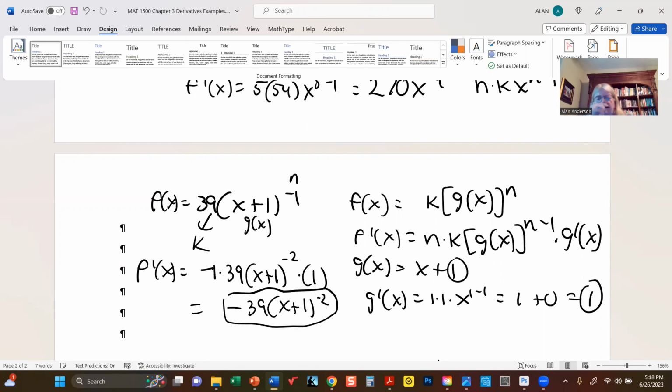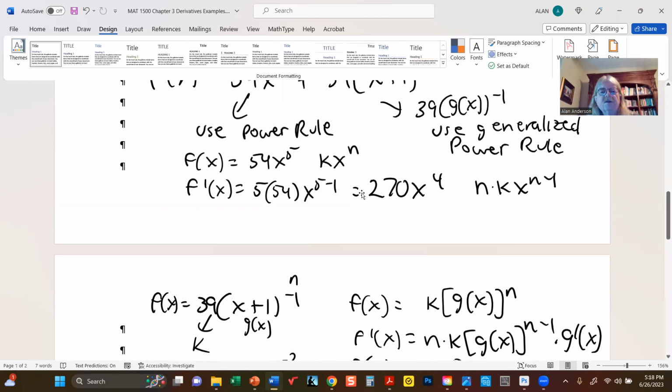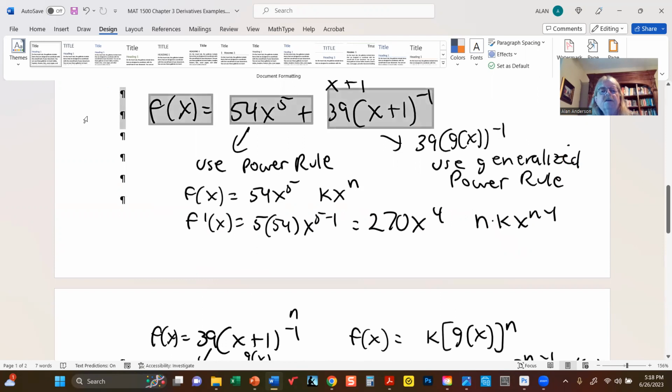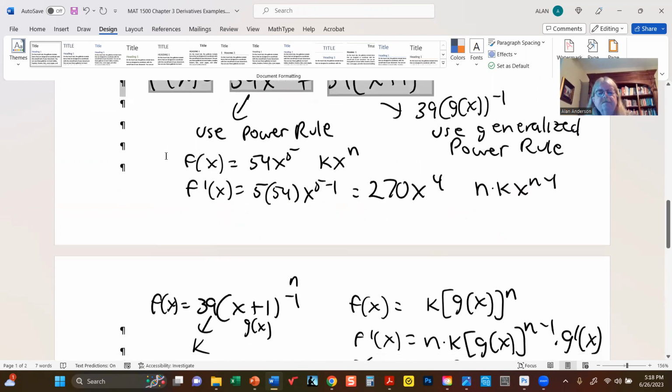So that's the final result of the second term. So when we bring them together, now remember we had two terms initially. So this is our f of x.